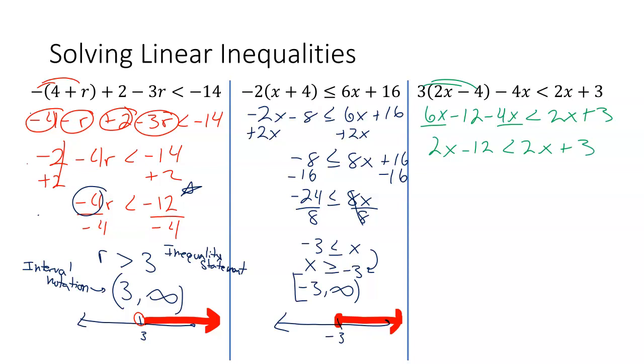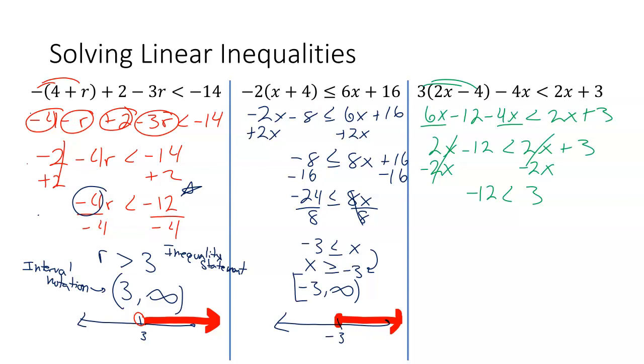What's going to happen when I go to do the next step? On both sides, right? And then what happens when I do that? Yeah, my variables went away, right? My coefficients were the same on both sides.